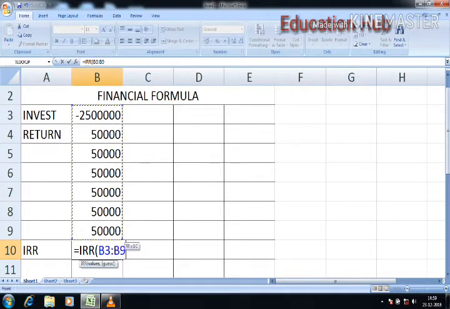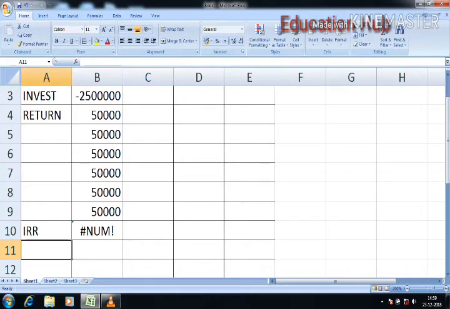Remember, outflow, that means investment, is from our side, it is gone, so it should be negative. Inflow or returns are coming to our side, so they will be positive. See here, the result is not showing because the difference is very large. See this, 3 lakhs and 25 lakhs.